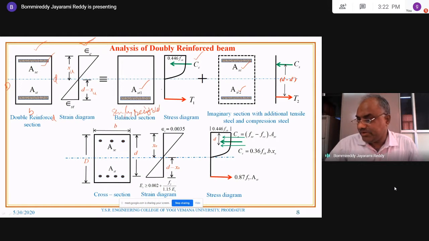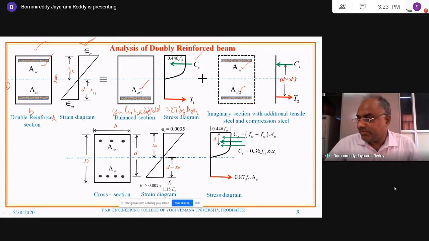T1 is nothing but the stress multiplied by the area, 0.87 Fy AST1. That's all. Okay, you can look at here, 0.87 Fy AST1. And CC is nothing but 0.36 FCK B into XU maximum, because it is the balanced section.